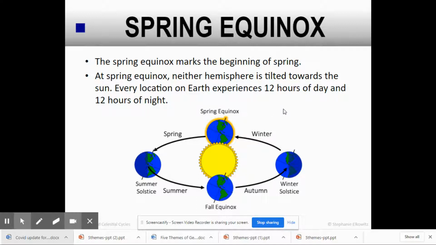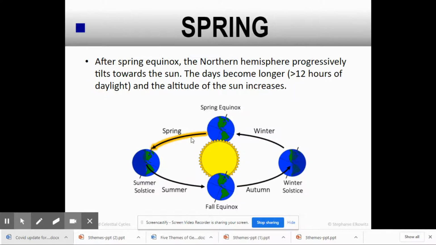So the spring equinox marks the beginning of spring. At spring equinox, neither hemisphere, the northern or southern, is tilted toward the sun. Every location on Earth experiences 12 hours of day and 12 hours of night. That's what defines spring equinox. Then here, spring.